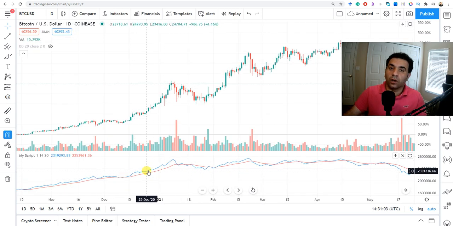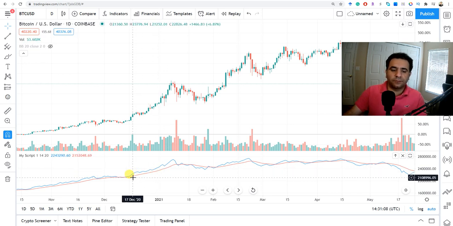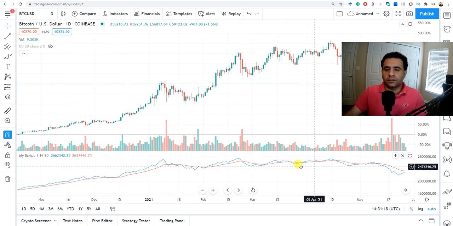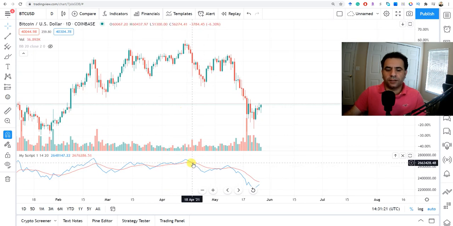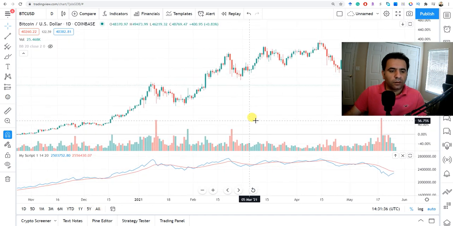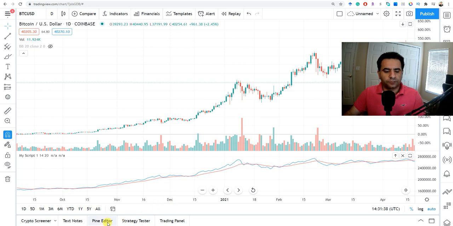If the blue line is greater than the red line, it means it's a buy time. Or if you have bought some currency, you need to keep it. If the red line, like here, is above the blue line, it means that you need to sell it and wait for the time that the blue line crosses the red line to buy the coin again, or any kind of currency.